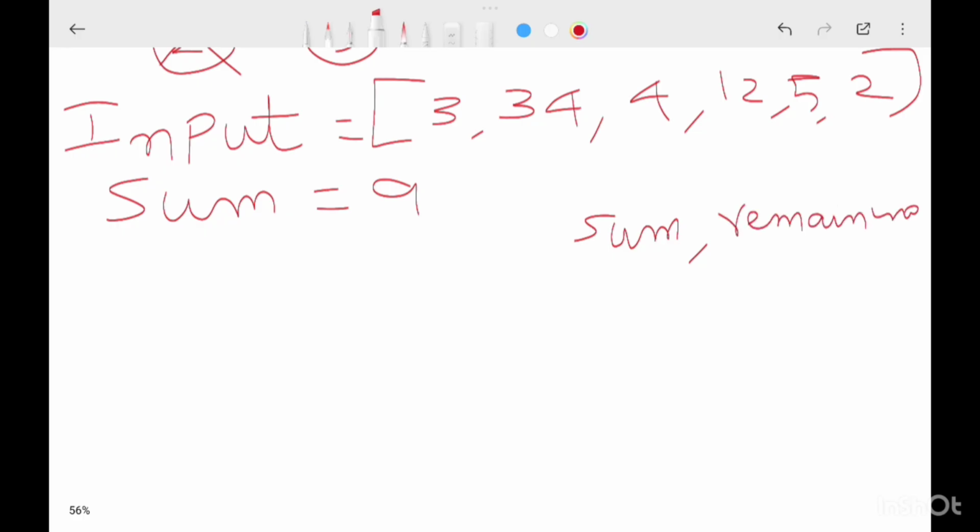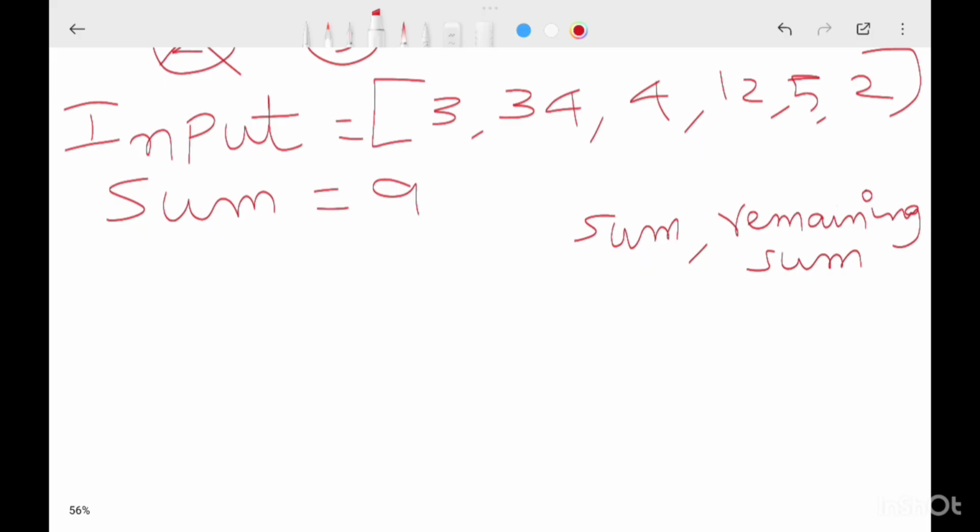In each state I need to calculate the sum. Sum means the sum of all the elements which are included up to that particular state. So this is the intermediate sum.